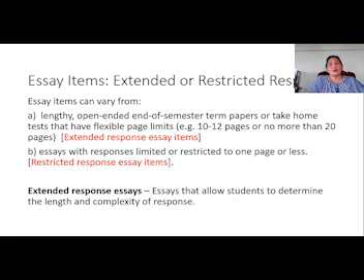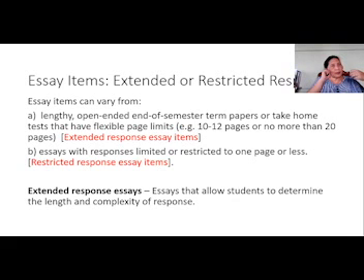Now we have two kinds of essay items, what we call the extended or restricted response. Essay items can vary from lengthy, open-ended, end of semester term papers. So in other words, 20 pages, 30 pages, 50 pages. So an essay that would ask them to develop over a period of time with a number of references.